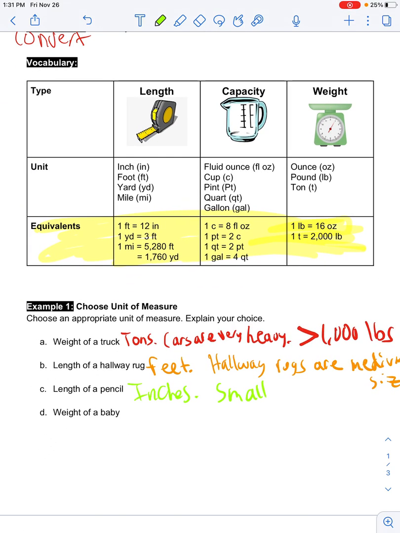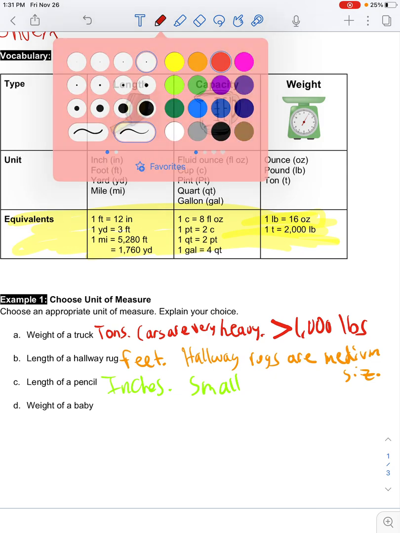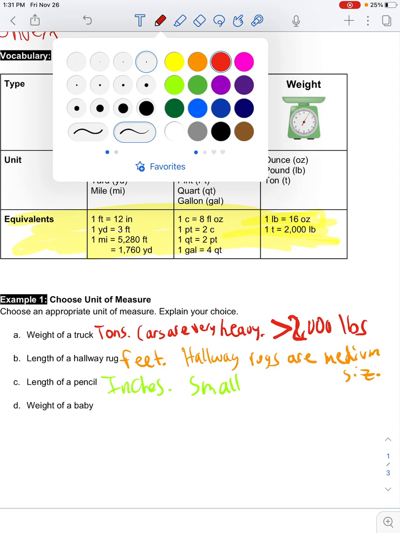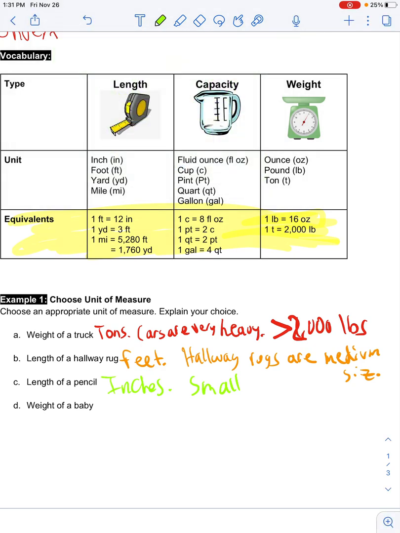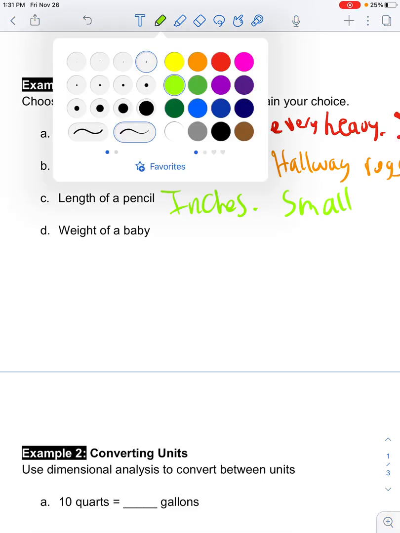The weight of a baby. If I'm looking at units, tons is way too big. I don't know any babies that weigh over 2,000 pounds. Change that. Pounds, yeah, I think oftentimes babies are born between 7 and 10 pounds if they are on time.